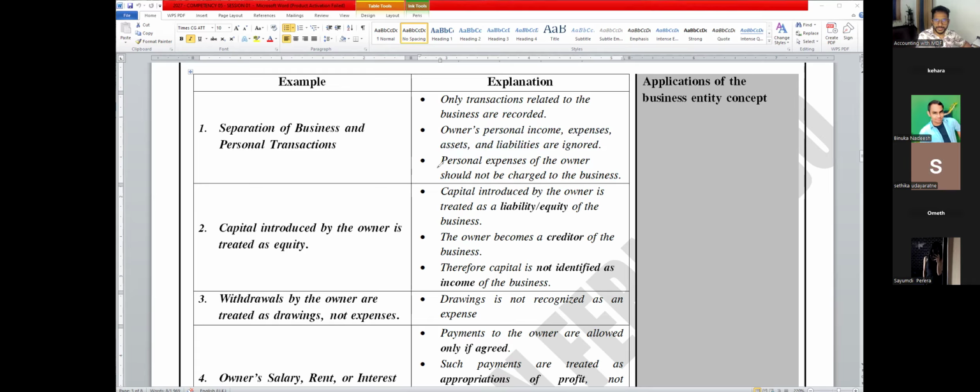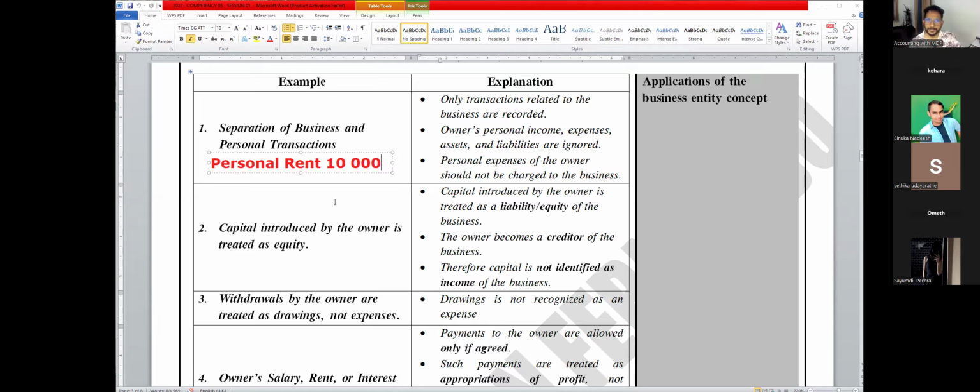There is a business, and in that business, the owner's personal rent, rupees 10,000, has been paid by the business.